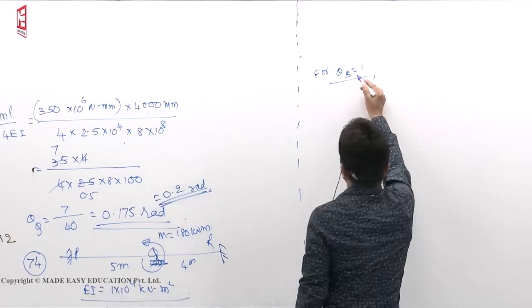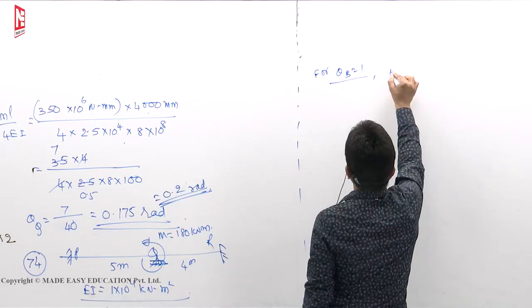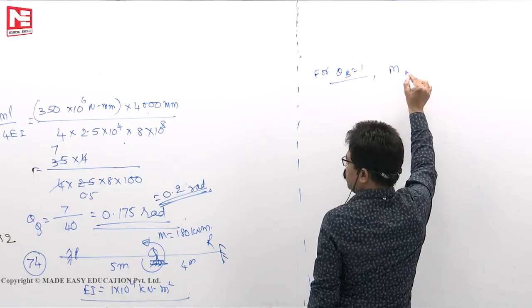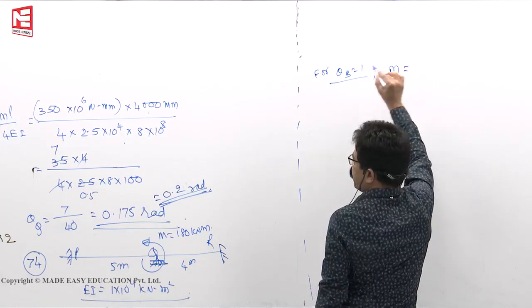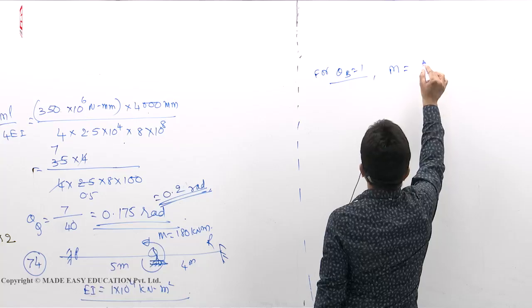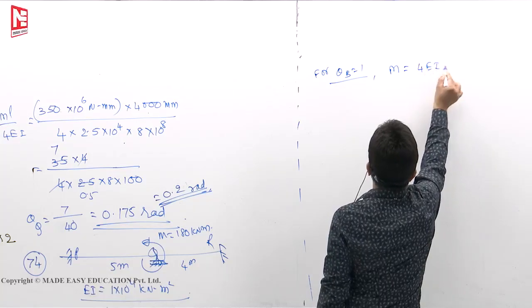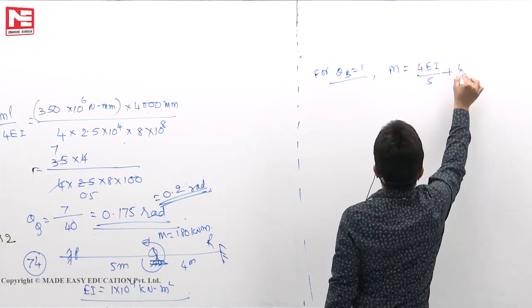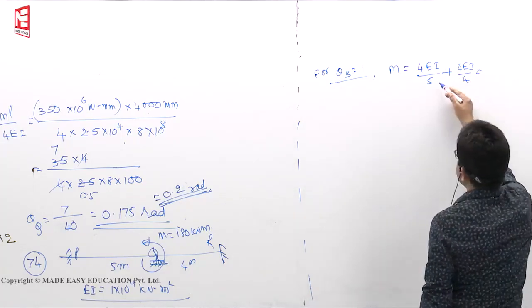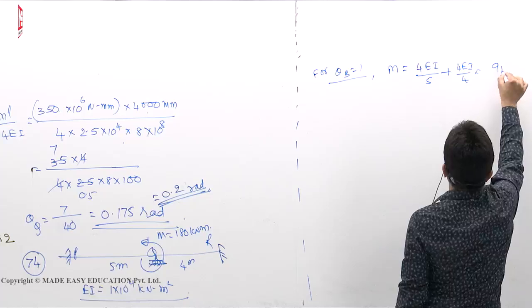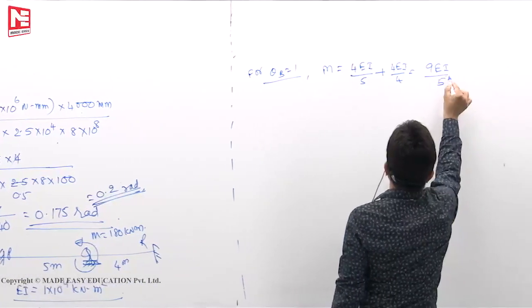For theta B to be 1, how much moment is required at Q? Far end is fixed, so 4EI by L plus 4EI by 4. So 5 common if I take it, 4 plus 5, 9 EI by 5.